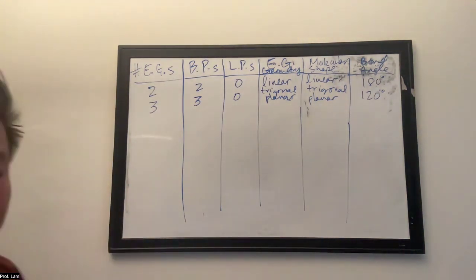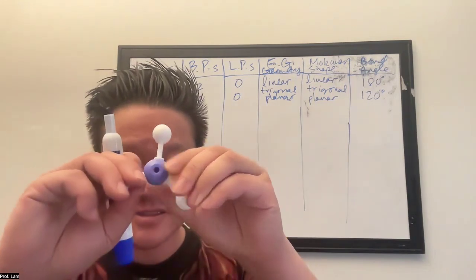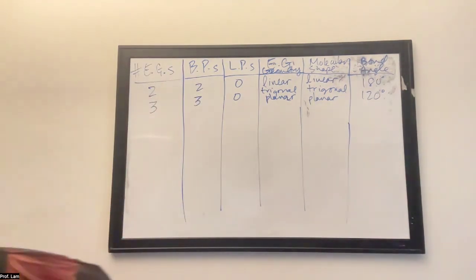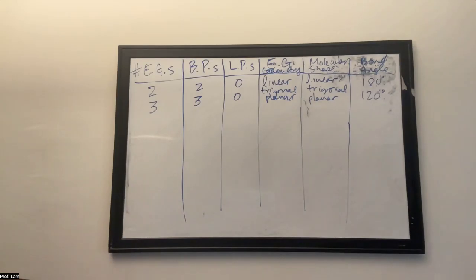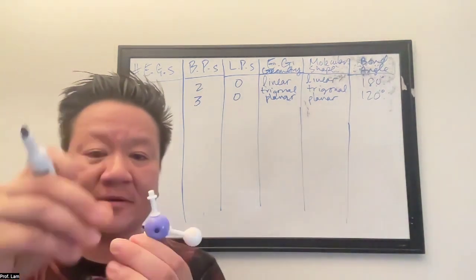Okay. So now we're gonna play this game, everyone, where I'm gonna rip off one of the bonds. Okay, and I'm gonna replace it with a lone pair. So here, right?